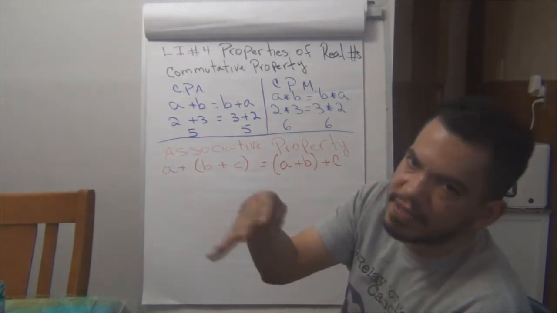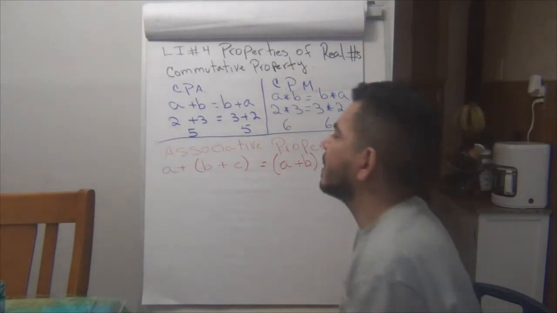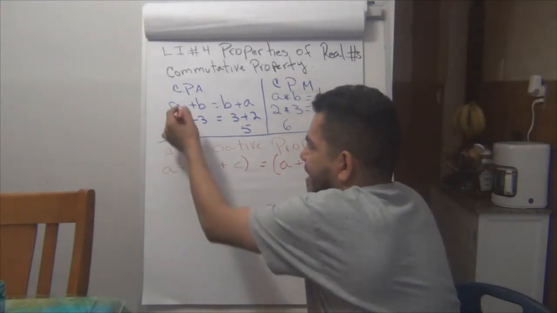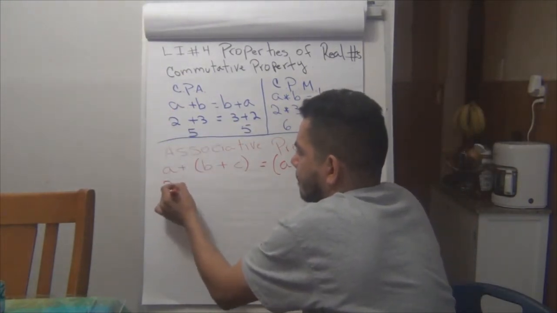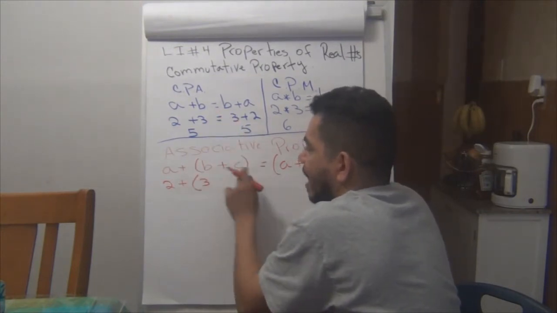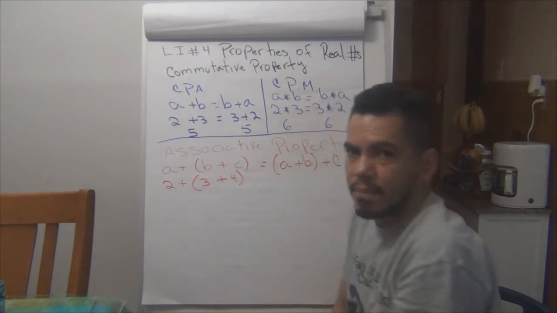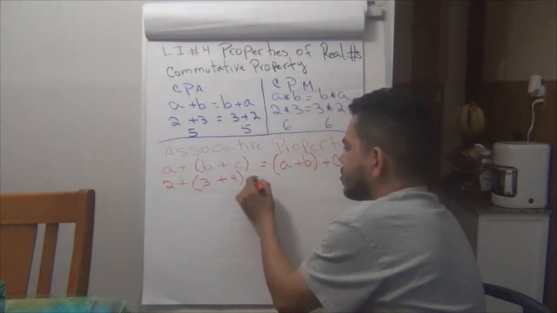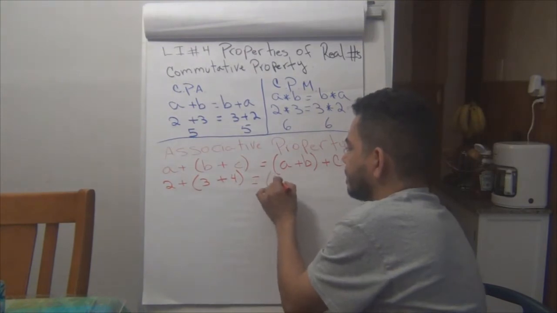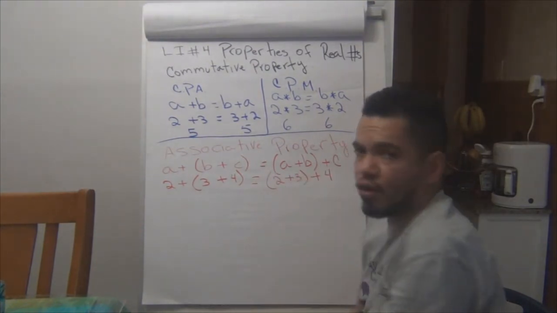Son, can you give me a numerical example because I don't understand this? No problem. So A, we established that it was 2, plus B, we established that it was 3. Now we got a new member here, so let's give it the value of 4. This should be the same thing as 2 plus 3, plus 4.